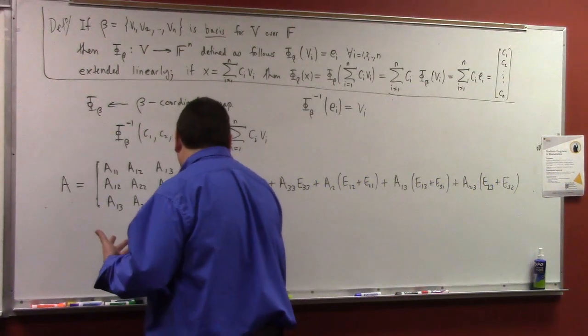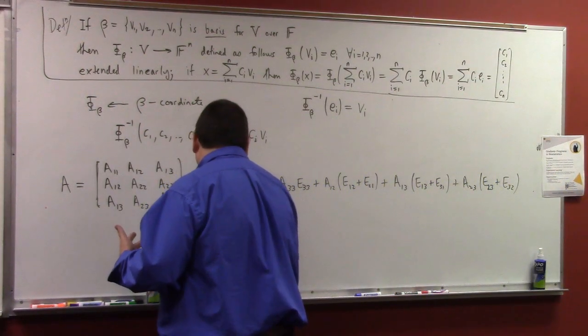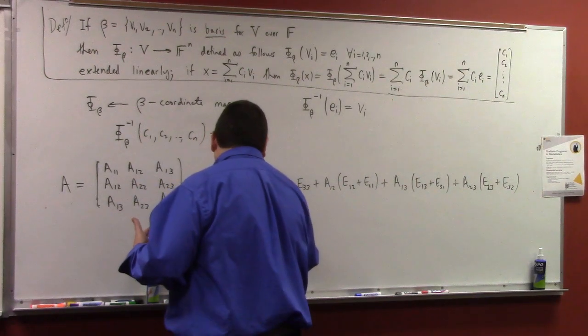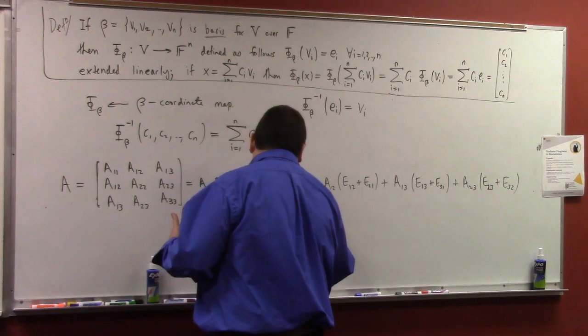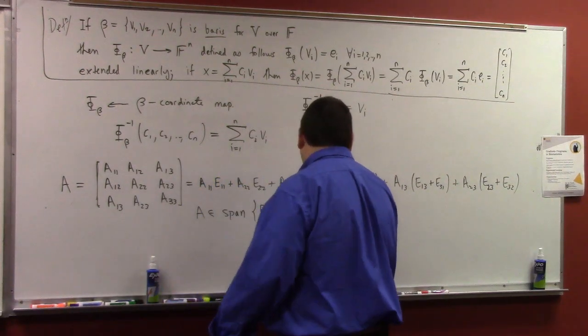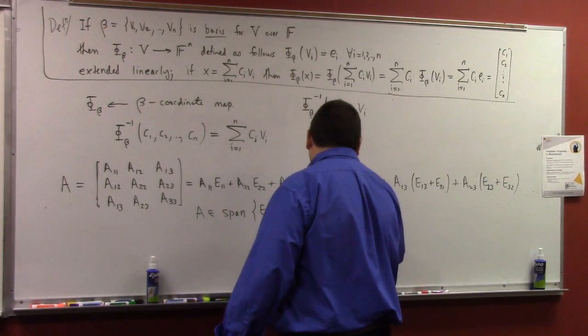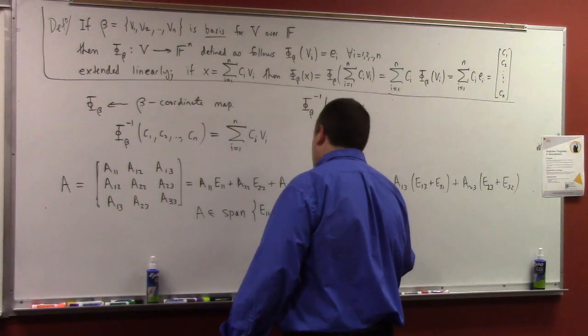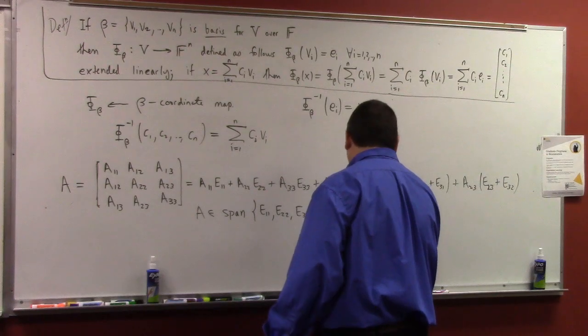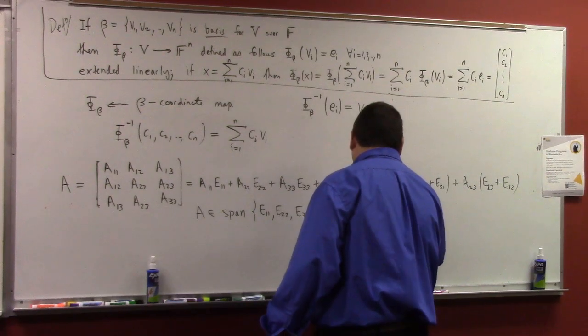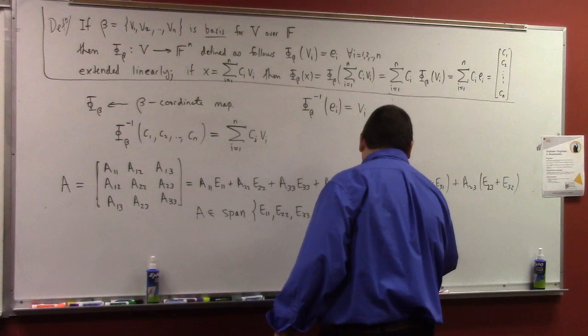And in other words, A is an element of the span of E11, E22, E33, and so on. Goodness gracious. If I was smarter, I would have put a plus rather than a minus in that map, because we would have gotten about the same out of it, with a lot less writing for me.